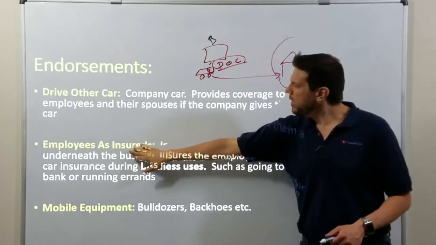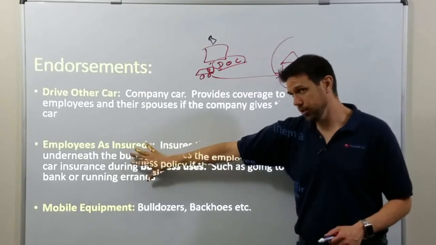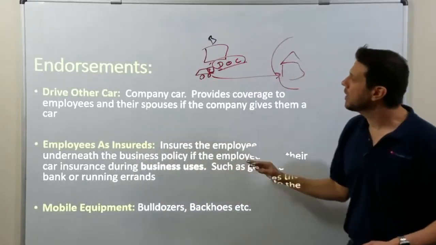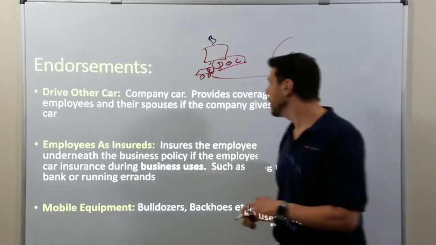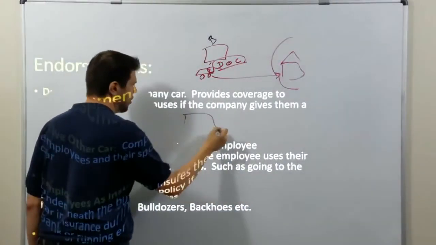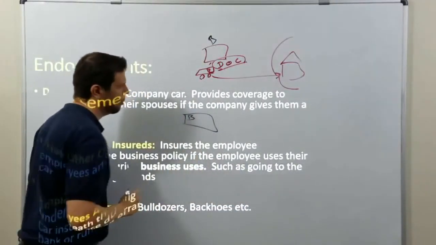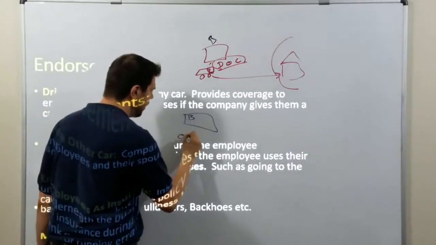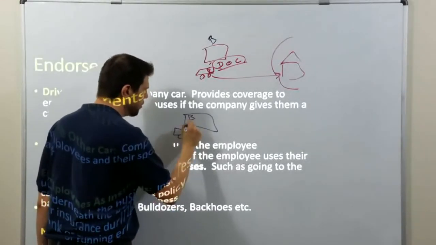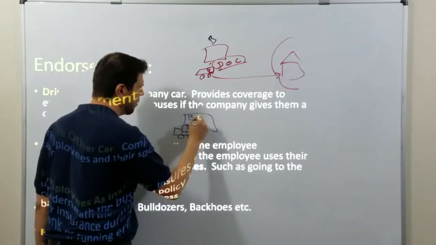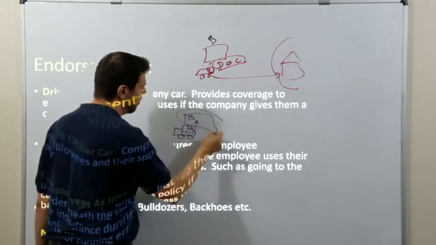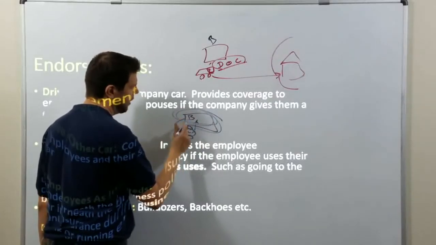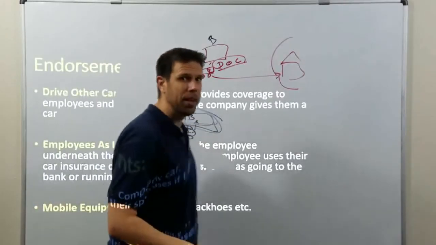But if the employee is using their car, then the business can buy employees as insureds coverage. Employees as insureds coverage is what the business would buy so that you can use your car for business uses. And then if you get in an accident, the business policy kicks in instead of your car insurance.